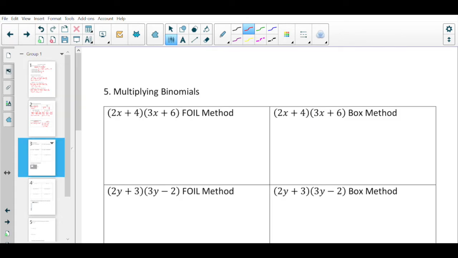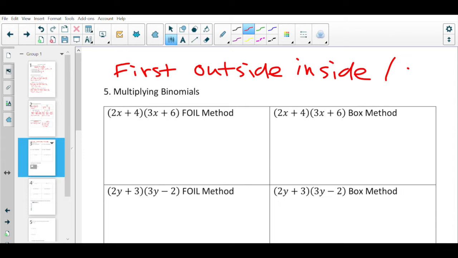Multiplying binomials. Let's do it in a number of ways here. FOIL method. So first, outside, inside, and last. That is your FOIL. Okay? So multiply the first two terms together.